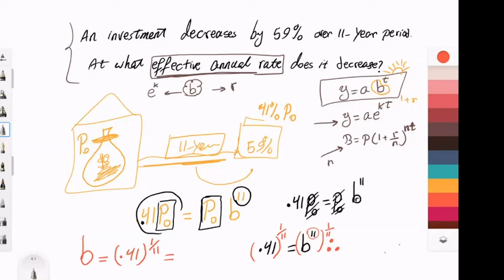We should get approximately 0.92214. Is that correct? Yes. So this is 92.214%. So this is our B. What is R?